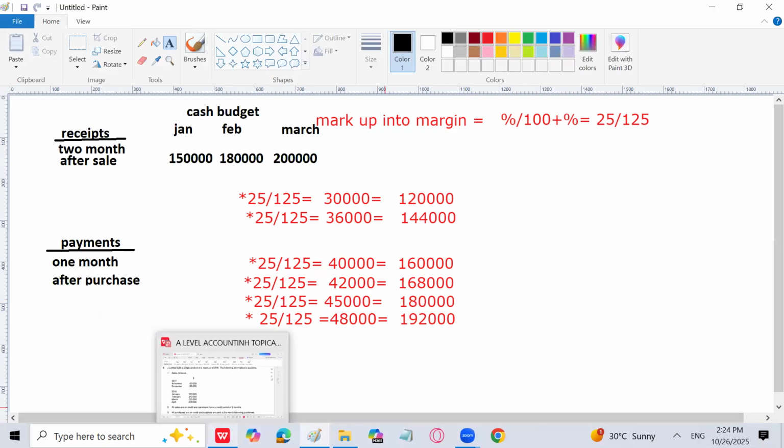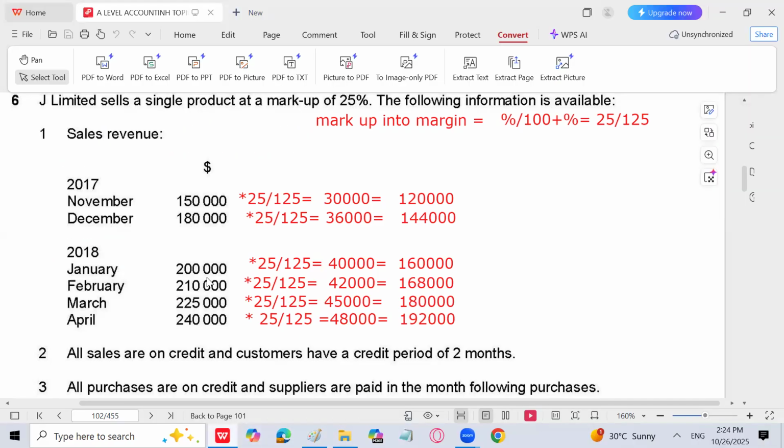So let's go back. I need to find the purchases for December because that is supposed to be paid in January. I need to find the purchases for January that is supposed to be paid in February, because we are making the payment for purchases, which is purchased on credit, after 1 month.